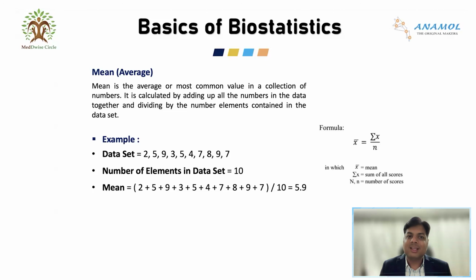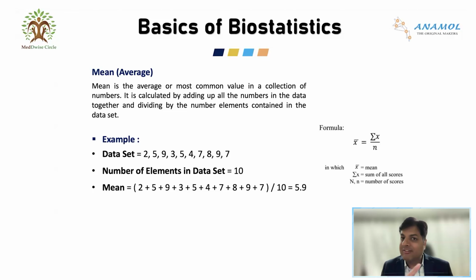So a mean is nothing but a mathematically derived average. Now here, one point is very important to understand. The average of 10 students is 5.9. Has any student scored 5.9 out of 10? The answer is no. None of the students has scored 5.9.